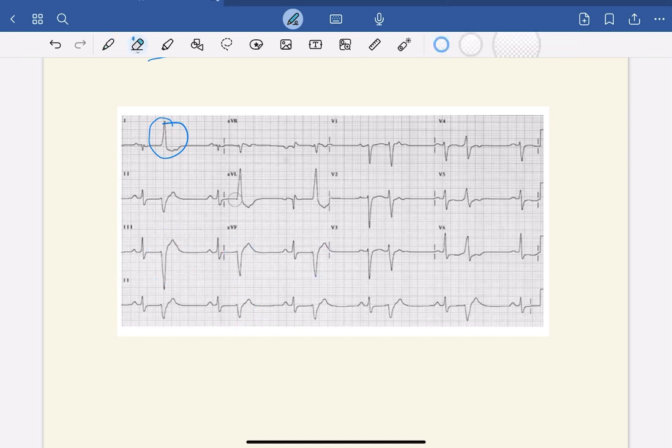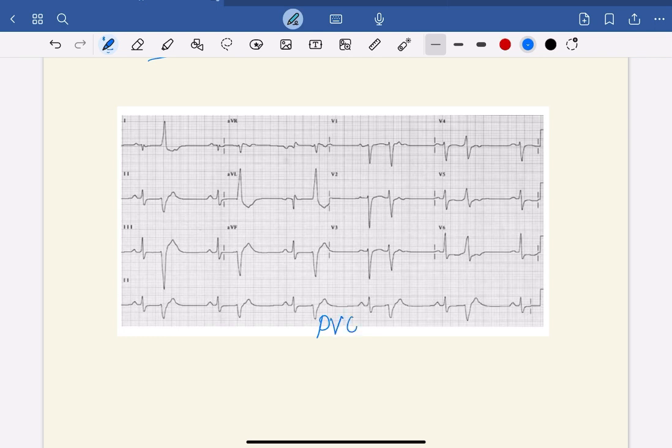And if you look carefully, the pattern of PVCs is that every second beat is your PVC. So this is a normal sinus impulse, this is a PVC impulse, normal sinus impulse, PVC impulse. So every other beat is your PVC, premature ventricular complex.